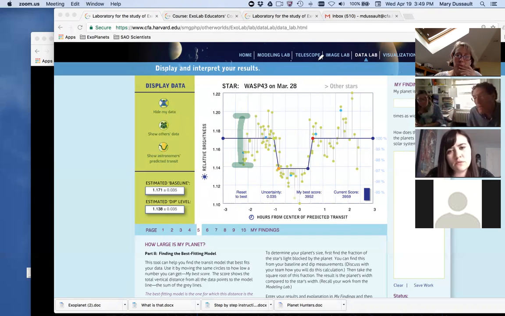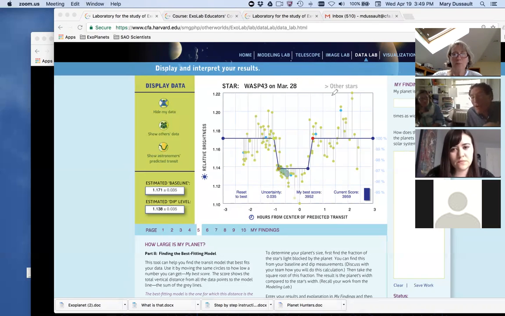So I just wanted to make explicit that you get this sort of V-shaped curve when the planet is just grazing the star. I don't know, Mary, if you're going to go on to that in the later pages. So it is passing in front of the star, but almost as soon as it goes across it, it's coming out the other side, rather than going across the biggest diameter of the star.